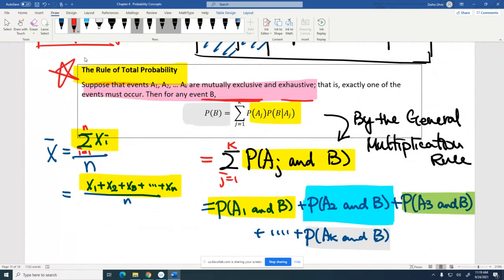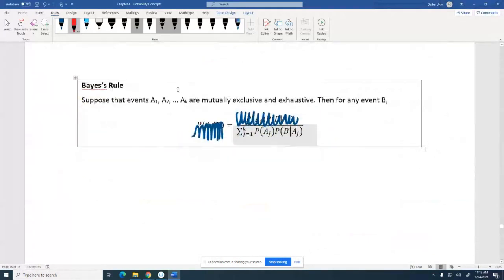The total probability for B. Good, right? Okay. Let me go back to the Bayes rule. And now, please look at the denominator. The capital sigma in math is the sum. Sum of the probability of Aj times the probability of B given Aj.